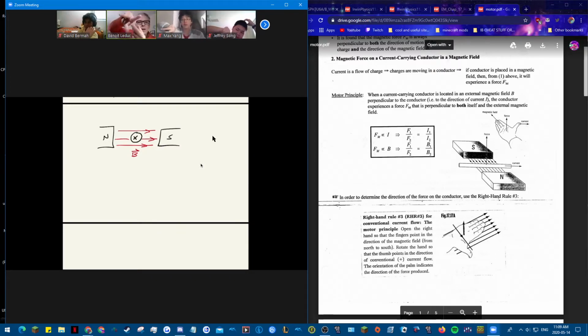So B is like this. Where's your hand, Claire? There we go. So the current is going down. The magnetic field is going this way. So you're going to rotate this this way.